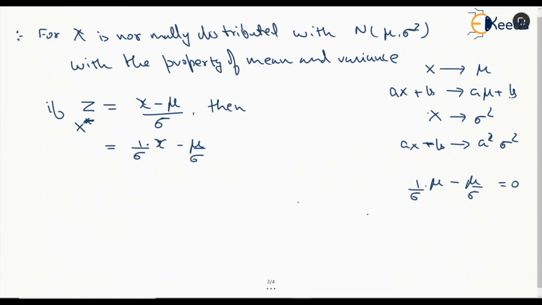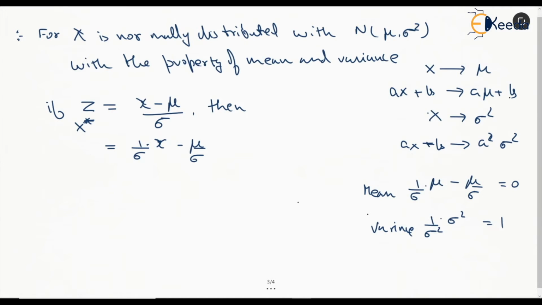And similarly, the transformation ax plus b says the variance is going to be a square times sigma square. So what is a here? A is 1 by sigma, so this is 1 by sigma square into sigma square, which is equal to 1, which means this is the new mean and this is the new variance, right?